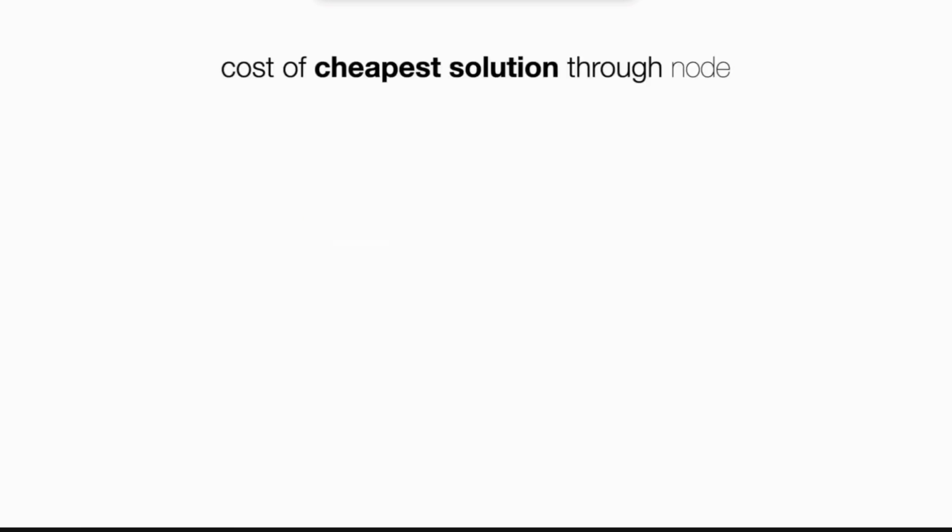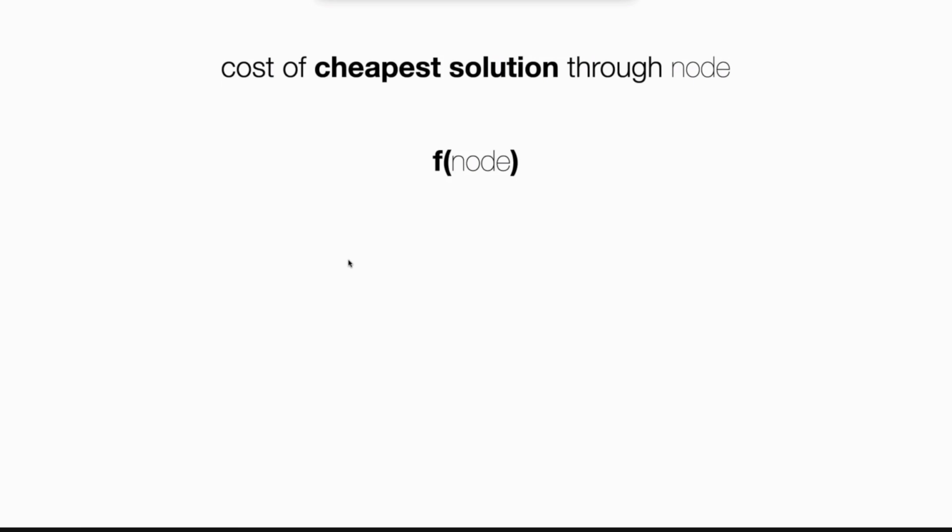So now we're going to introduce a new symbol. The first thing we had before was an H function that looked at the estimated cost between the current node and the goal. Now we're going to use something which is the cost of the whole solution.